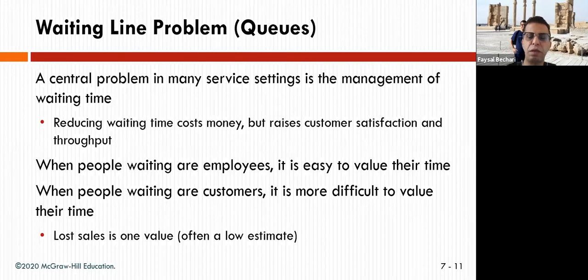When the people waiting are employees, it's easy to value their time. When the people waiting are customers, it is more difficult to value their time.